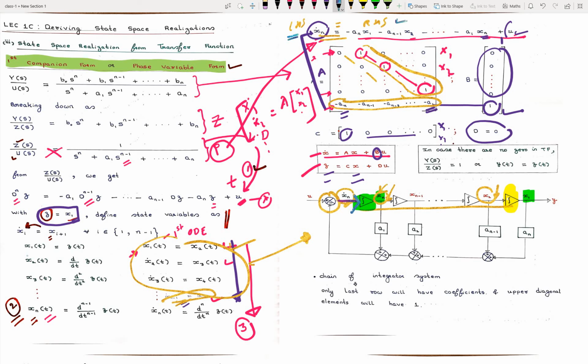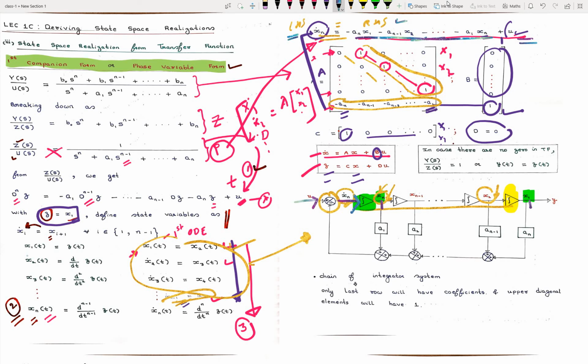In the input we have state terms and this is the input u. So I have fed one input u here, and these are states from x1 to xn. We have already taken the outputs of the integrators as states x1 to xn. The coefficients we have to take here: state x1 with minus an, state xn with minus a1.